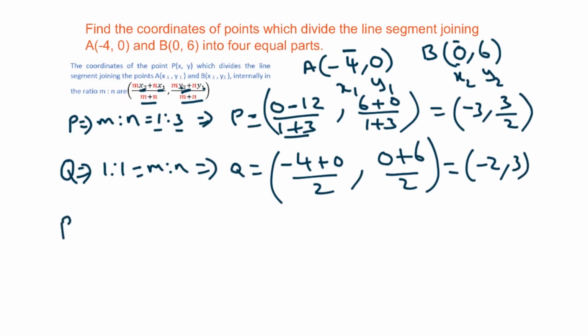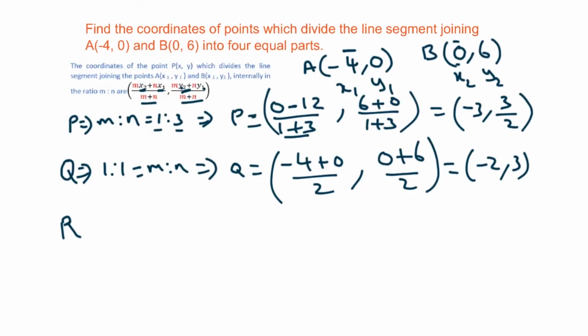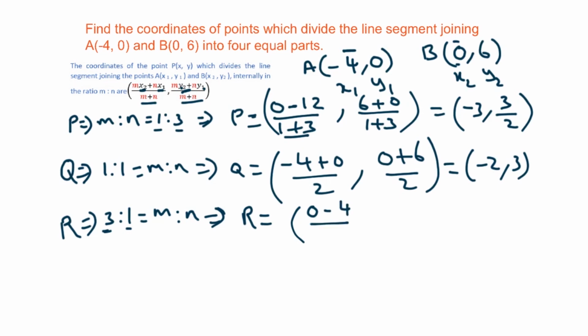Now we will find point R. Point R is dividing the line segment in the ratio 3:1, so m is to n is 3:1. R is equal to m x2, 3 into 0 is 0, plus n x1, 1 times -4 is -4, divided by m plus n, 3 plus 1, 4.